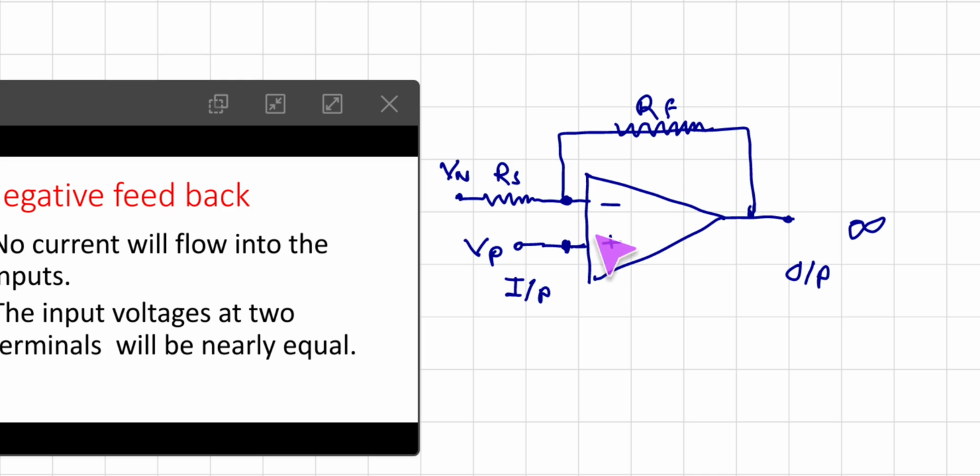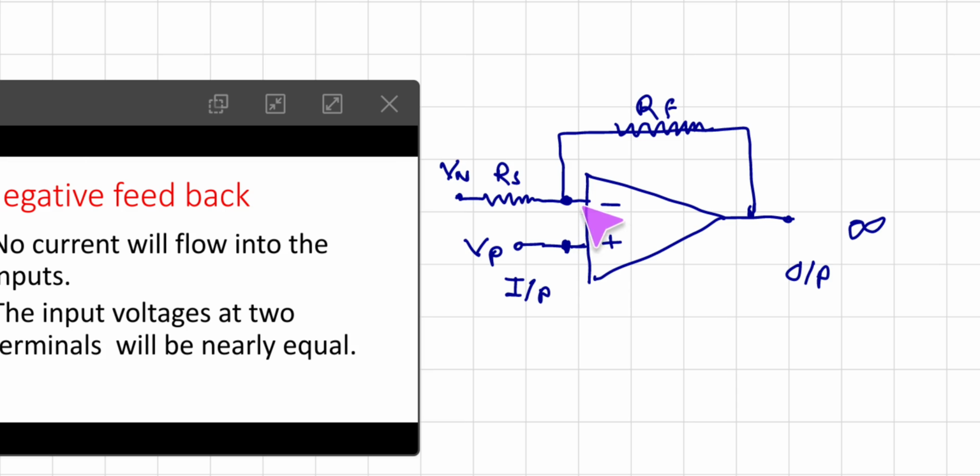Slowly the op-amp stabilizes in such a way that the voltage at this point is exactly equal to this point, and when both terminals are at the same potential, there is no current flowing between the inverting and non-inverting terminals.